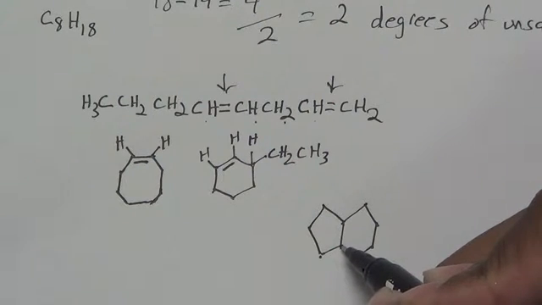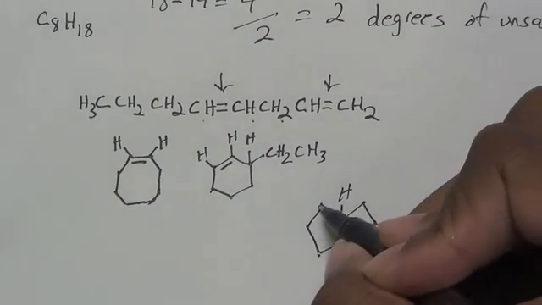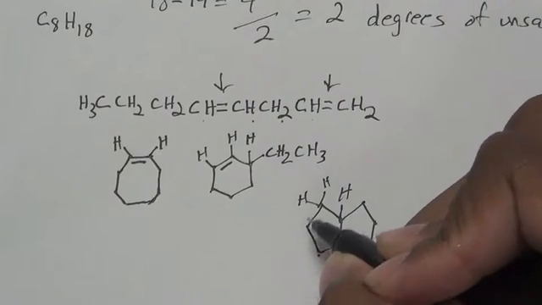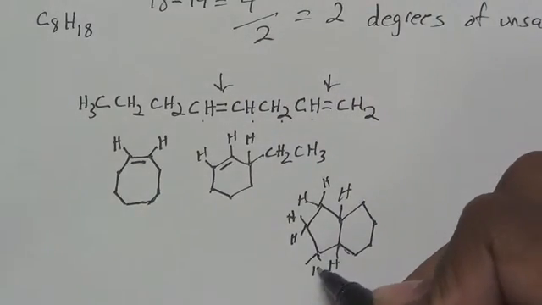This carbon has 4 bonds already. 1, 2. I'll take that back. It has 3. It has a hydrogen there, and you're going to have a hydrogen there. I'm just going to plug in all these so you can easily see them. All we have to do now is count.